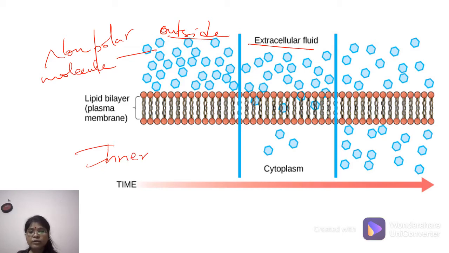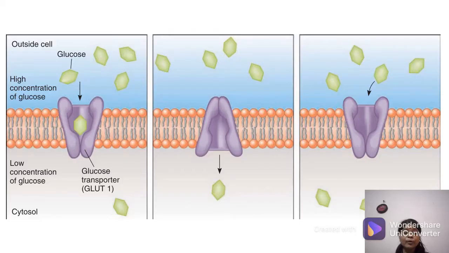You can see clearly how the molecules, with passage of time, are diffusing inside the membrane with the help of these carriers. This carrier molecule shown here is basically a glucose transporter. We call it the GLUT1 transporter.